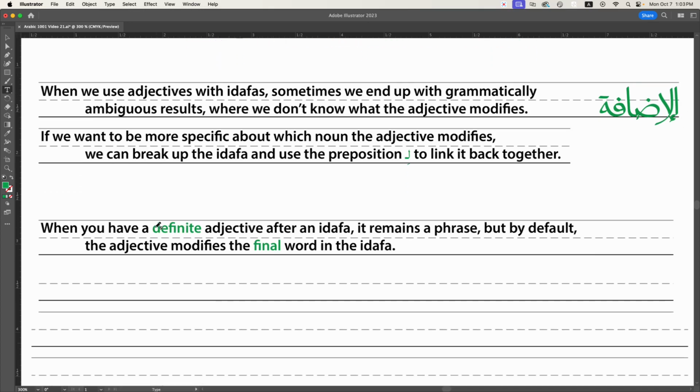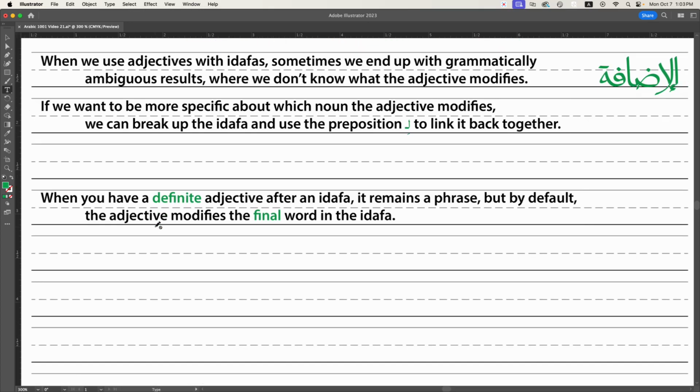So we know from the last video that when we have a definite adjective after an idafa, it remains a phrase because the words in the idafa are also all definite. By default, the adjective modifies the final word in the idafa. So, imtihan ustadikum al-jadid.